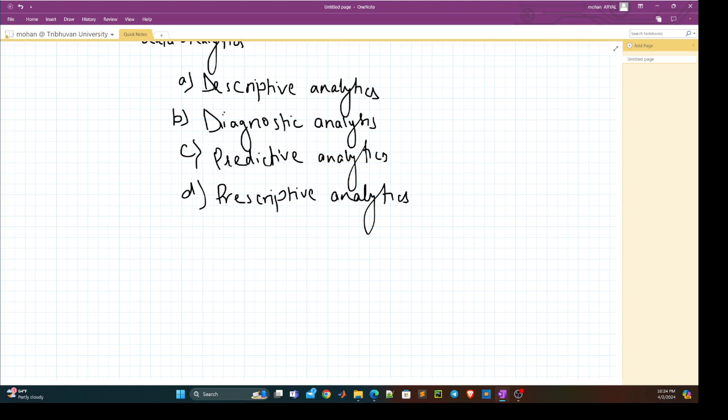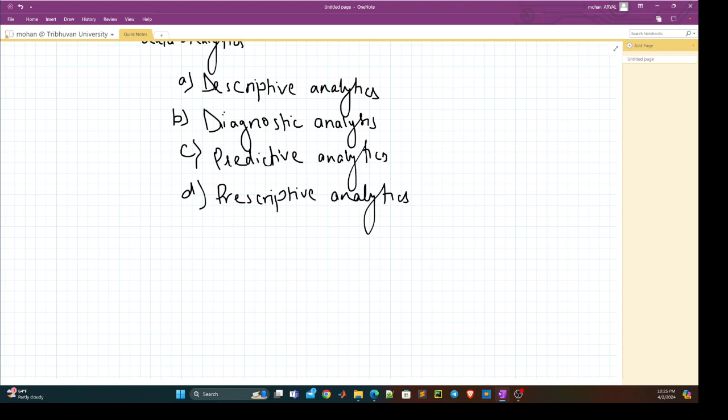It is a set of techniques that use a model constructed from past data to predict the future or ascertain the impact of one variable on another. First one is linear regression. Second one is time series analysis and forecasting, and the third one is data mining. And prescriptive analytics is a set of techniques to indicate the best course of action.